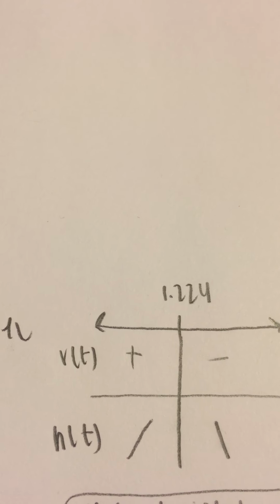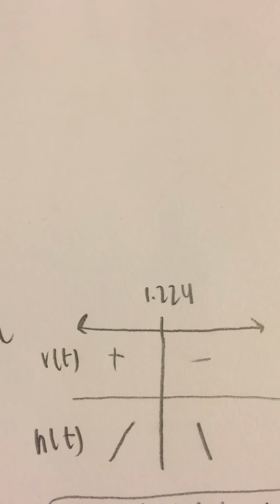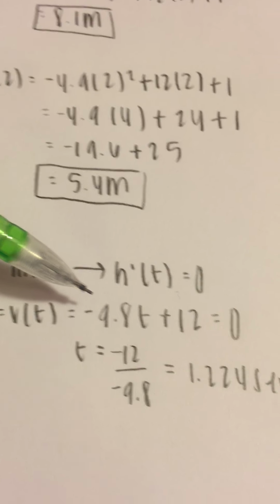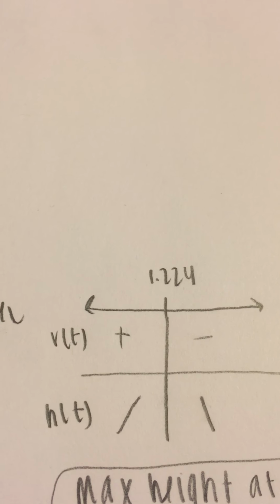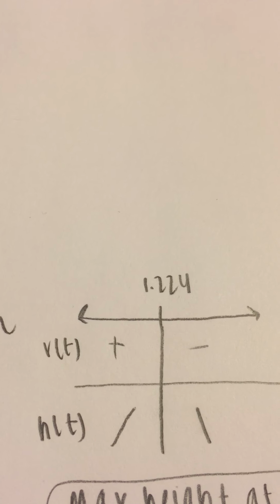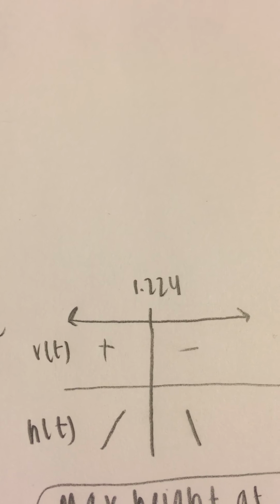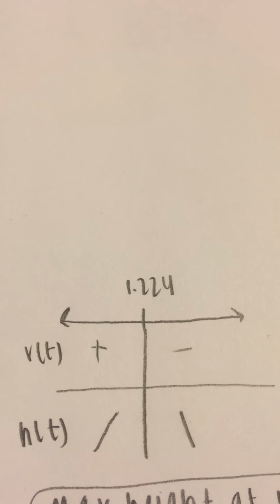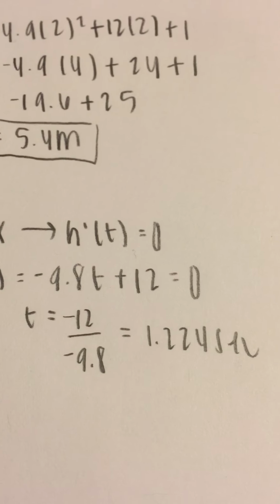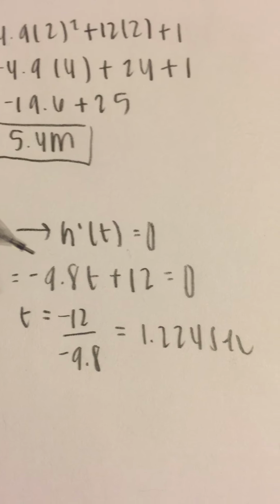Next, we are going to make a chart, and so we're going to have the 1.224 in the center, and so if you plug in any values that are lower than 1.224 into this equation right here, you should get an answer that is positive. And when you plug in a number that is greater than 1.224, you will get a negative number when you plug it into this equation.